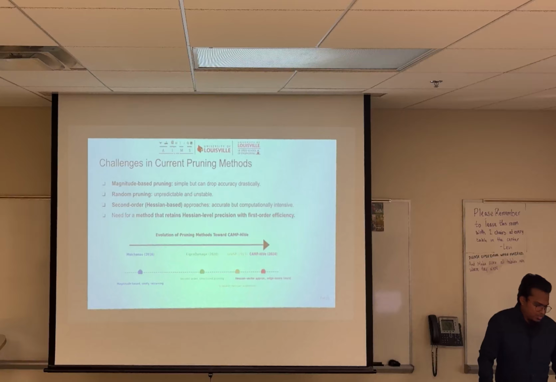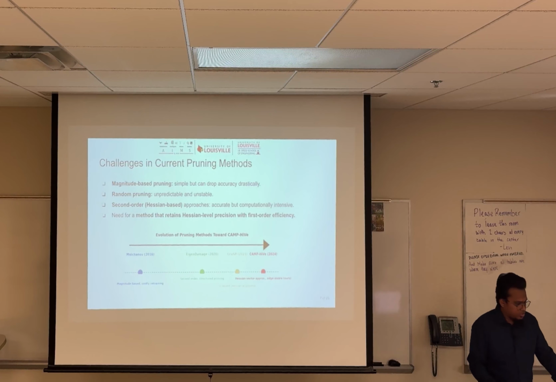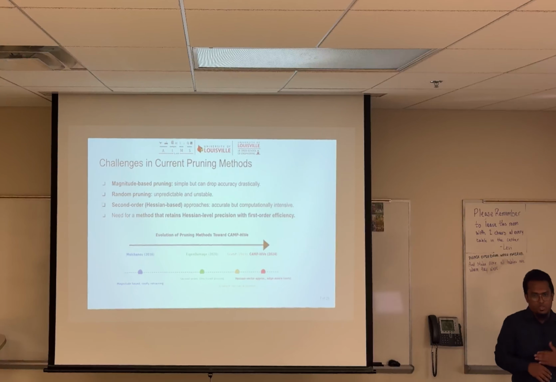Now, as you can see, I have given a timeline from 2016 to now. Over time, people have developed magnitude-based pruning, random pruning, and second-order Hessian-based pruning. So what does that mean? Magnitude-based pruning means you rank every weight in your model from top to bottom.